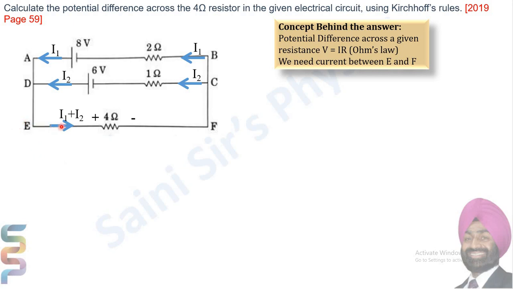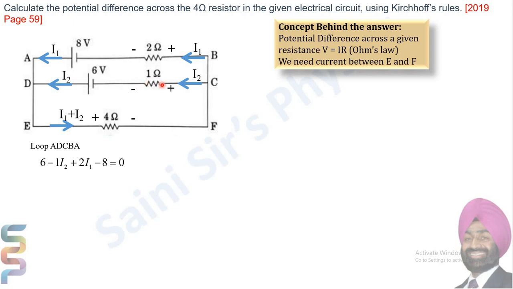So here current is going from plus to minus, here also, and here also, along the loop A, D, C, B, A. Apply the loop rule. When you move along the loop, if the battery appears first, plus 6.